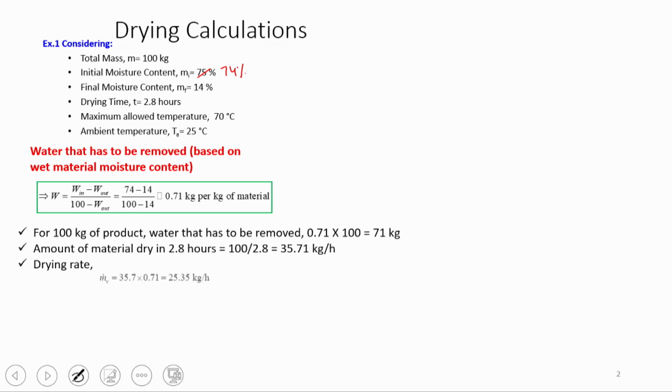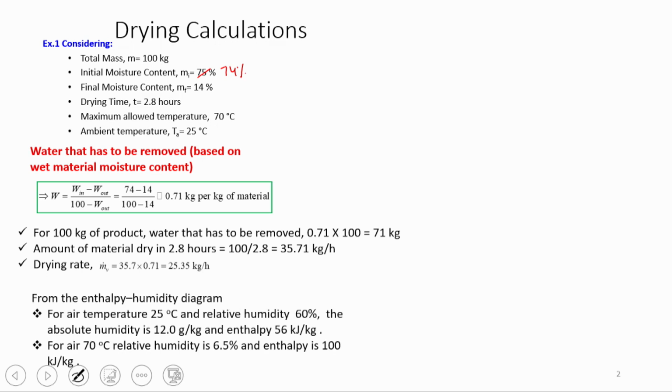You can find out the drying rate by using this 35.7 and 71, and then you have 0.71 kg, so it will be 25.35 kg per hour, right.